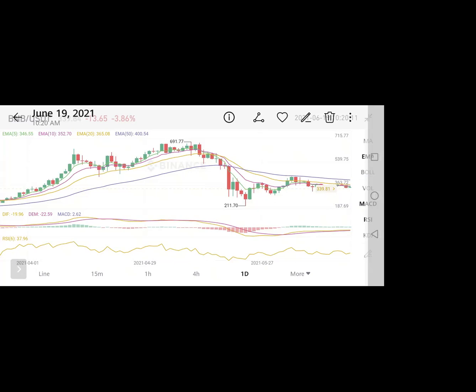So the goal of this training is very clear. We want to understand what EMA is. EMA means exponential moving average. When it comes to trading, EMA means exponential moving average, and we will explain that.